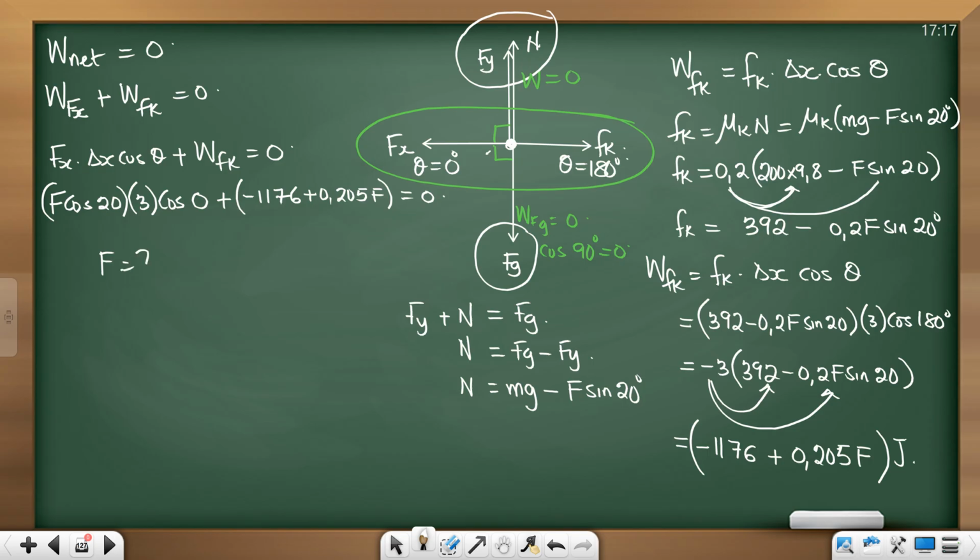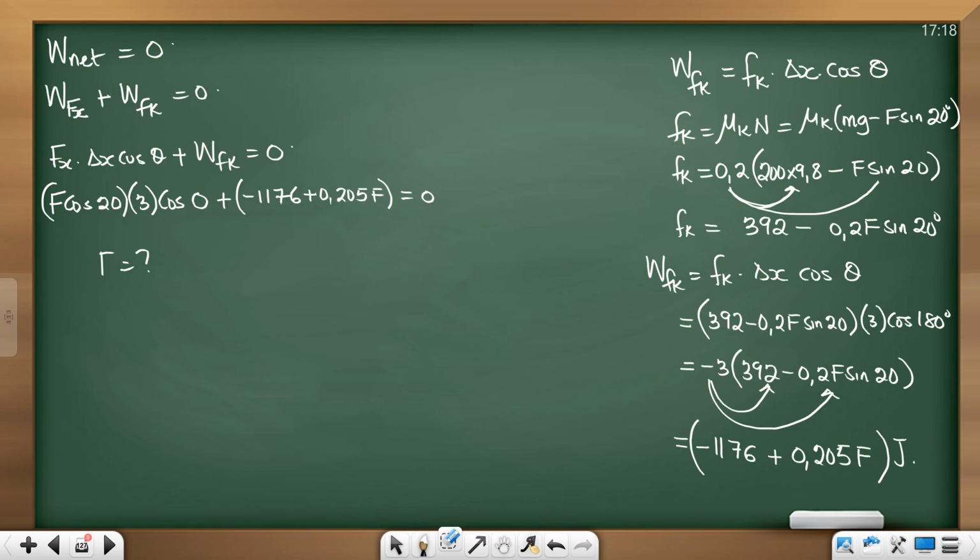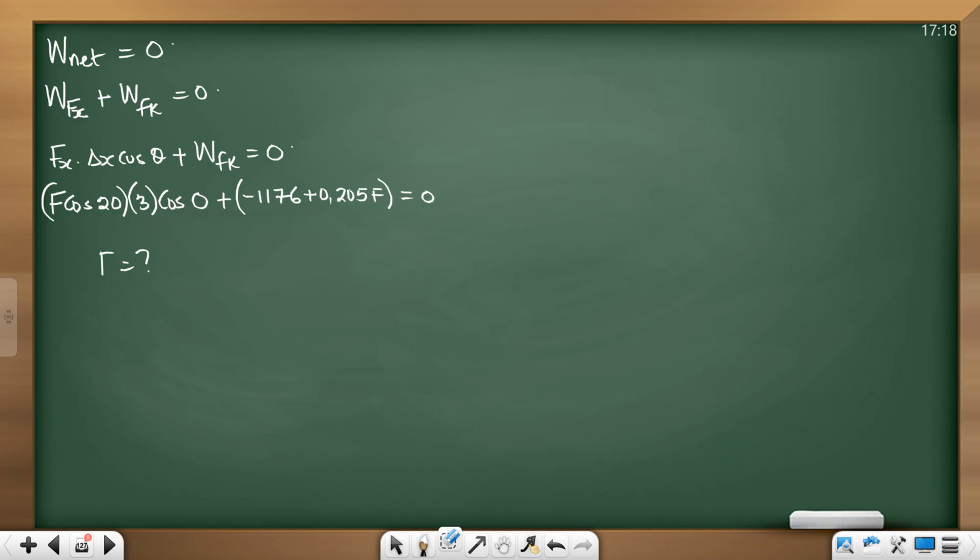Let's see your maths. Calculate and please ask me any question that you feel you might be having. Let's get f. Let's do the maths now.